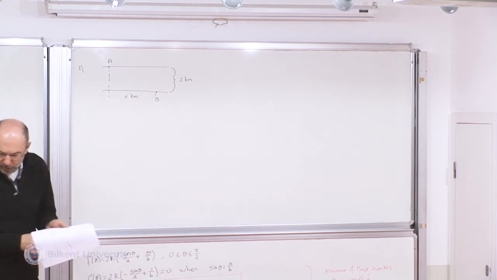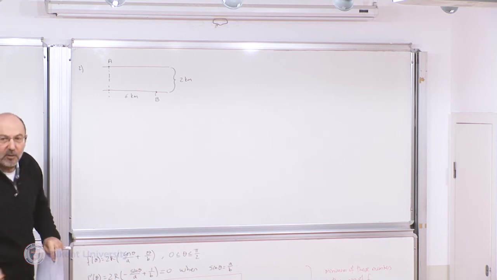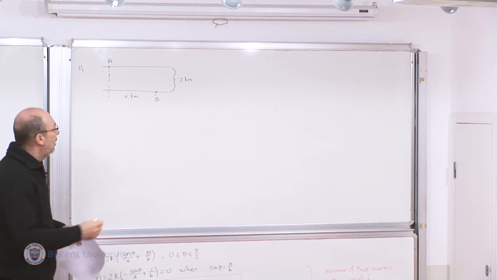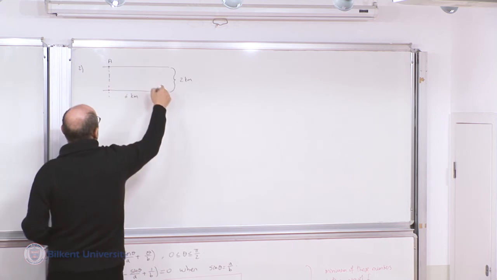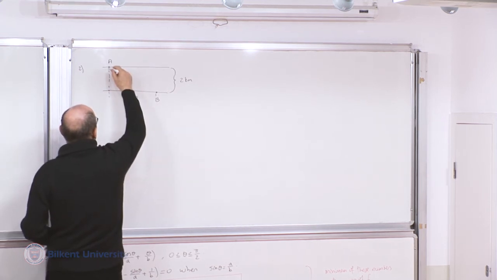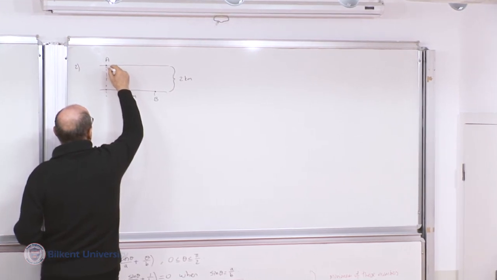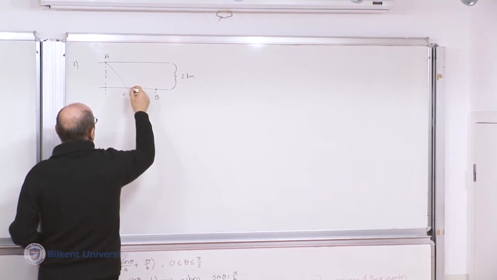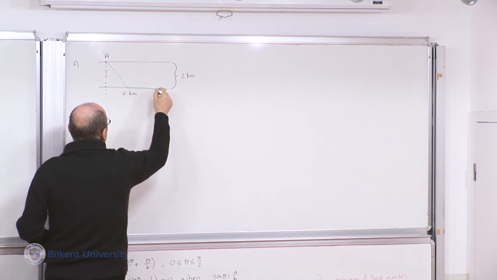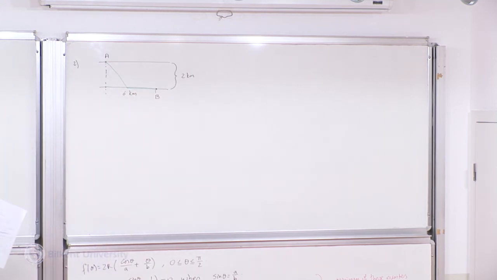What we want in this problem is to set a pipeline from here to B, but the cost to traverse the river is, of course, larger than the cost to lay the pipeline on the ground.